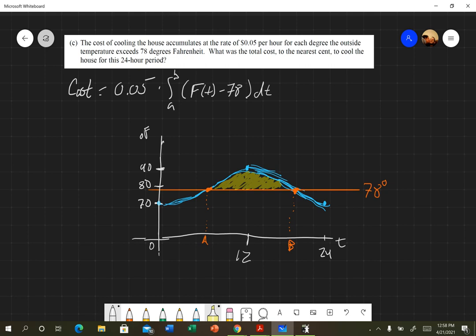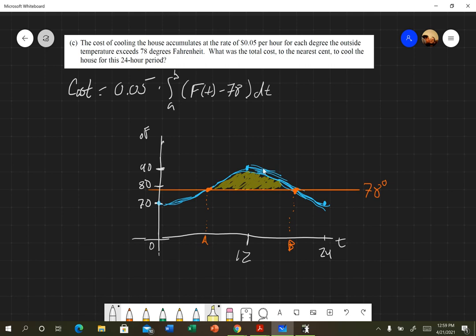So again, this is the cost of the integration of f of t, the total integration, minus 78 degrees. So what we're doing is we're finding the area of this entire integration, and then we're subtracting out the area of the integration below this curve of 78. And we're specifically doing it just in this little section right here. Okay, so we're just covering this section from A to B. We're finding this entire integration and we're cutting out this bottom part. So we're only finding this little bit because that's the only part that's going to cost us anything.